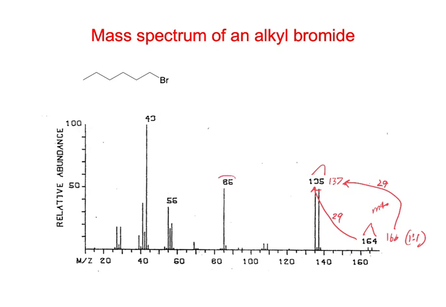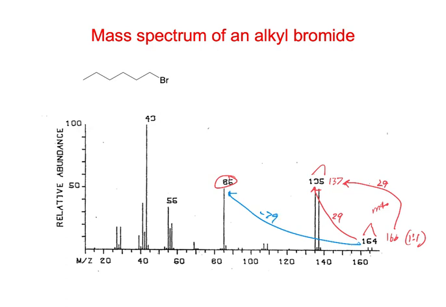But what about 85? Does that have bromine in it? No, because at that point, the bromine has been lost, right? And if we go from 164 to 85, that's a loss of 79.